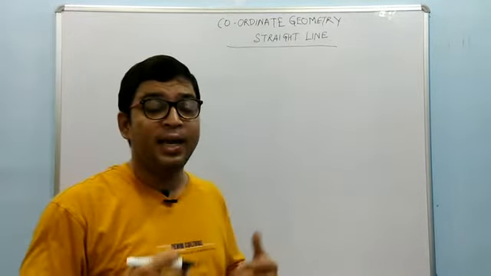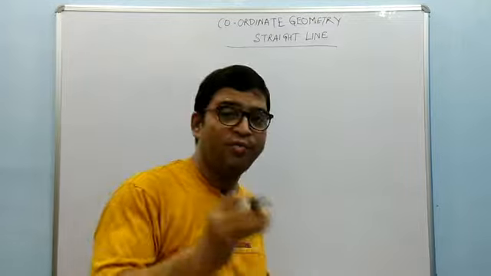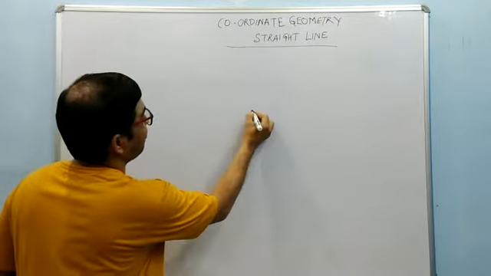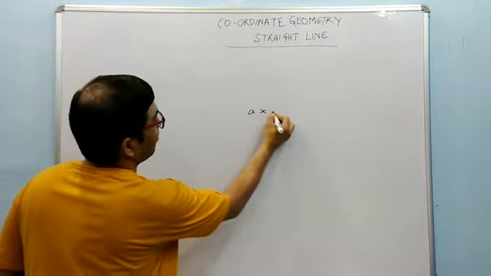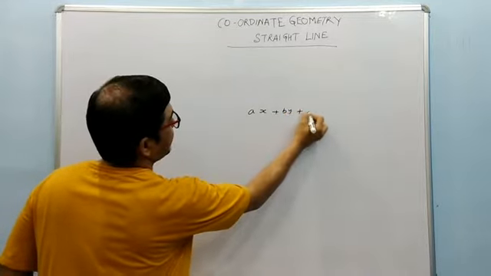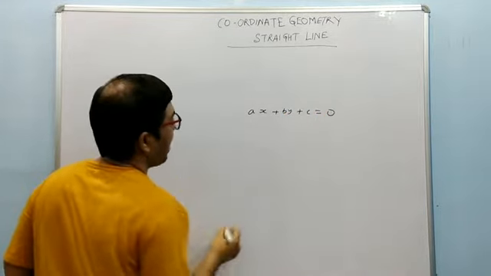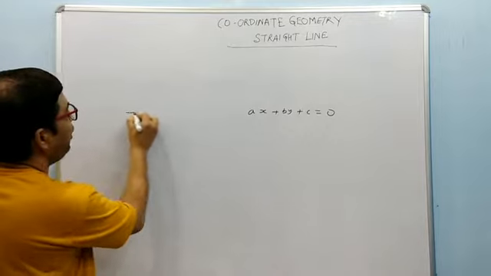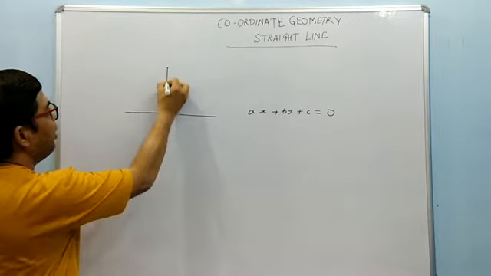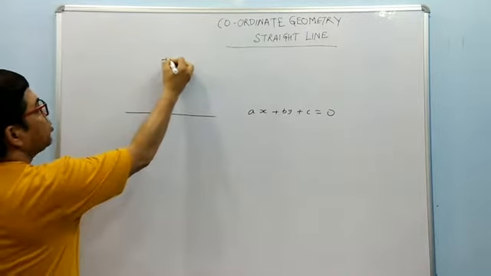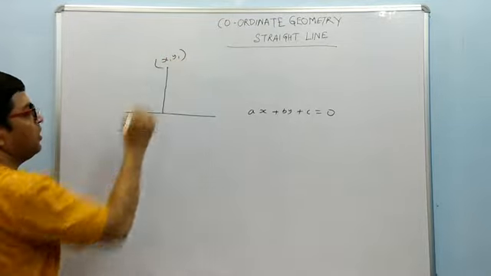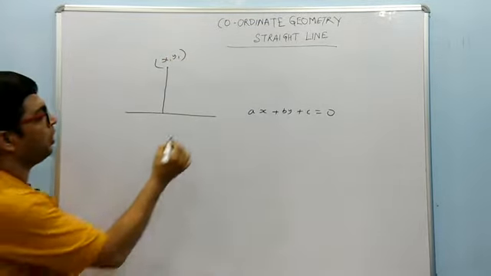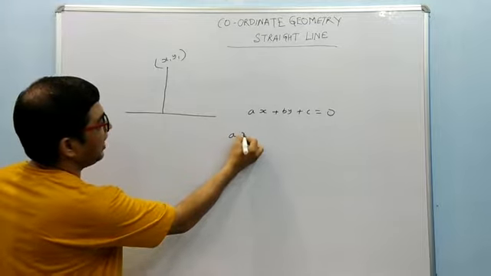Now we will see the length of the perpendicular from a point to a given line. Suppose a line is in this fashion, ax plus by plus c is equal to 0, and on that line we are dropping a perpendicular from a point x1 comma y1. Then the length of perpendicular is given as modulus of a x1 plus b y1 plus c.